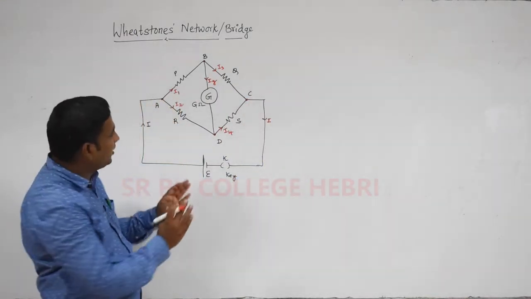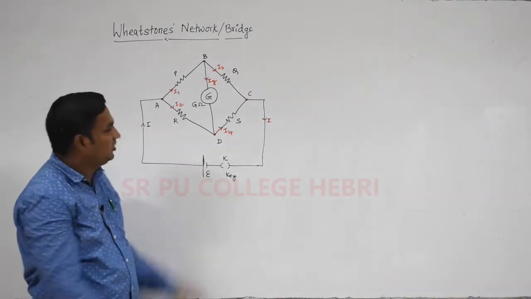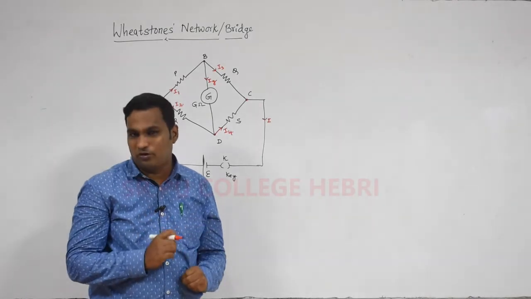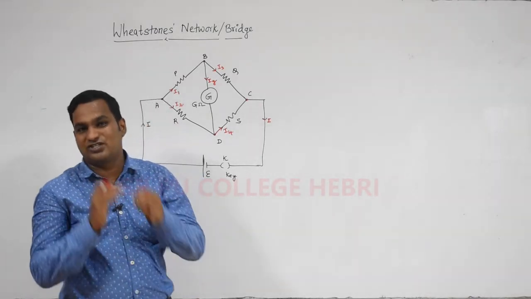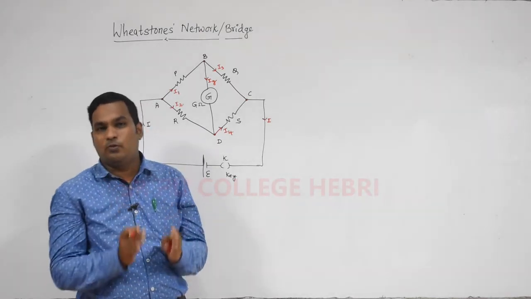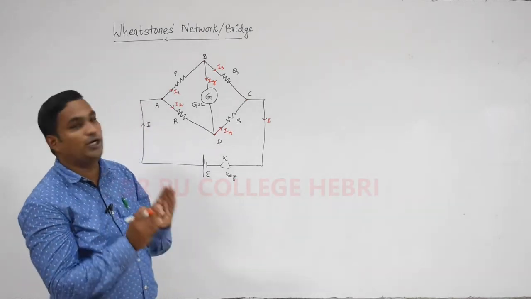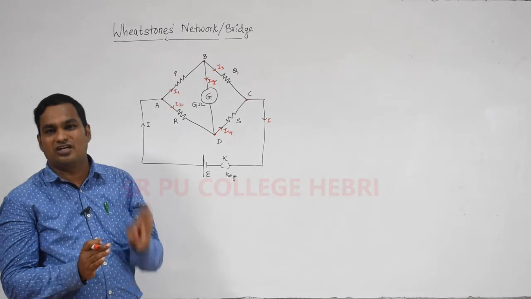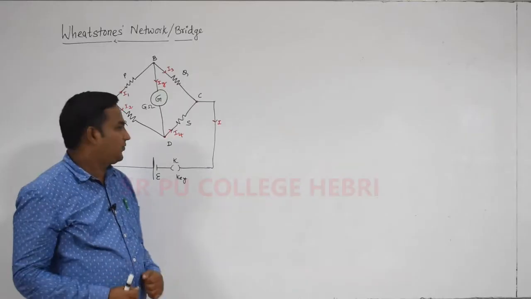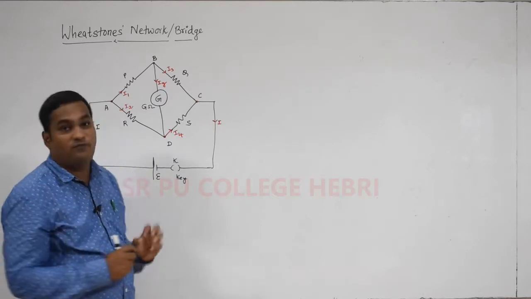Once you get a clear idea about this diagram, then you have to apply Kirchhoff's two important laws. One we call the junction rule, and the other we call the loop rule. With the support of the junction rule and loop rule, we have to think about the balanced condition of Wheatstone bridge. Is that clear? Dear student, they are going to ask this question mainly for 5 marks.